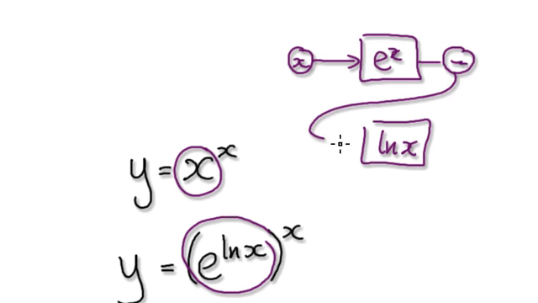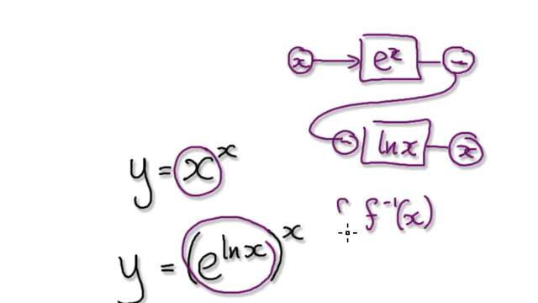And then if you put this something into here, then you're going to get x out. So looking at this, if you put the inverse inside, you're putting the inverse into the original function, so that should give you the original of whatever you put in.